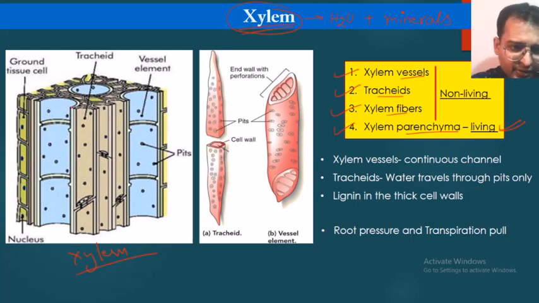This portion, which looks like a half pipe cut into half, these ones, they are known as the tracheids. Whereas this broader pipe system is known as the vessels.